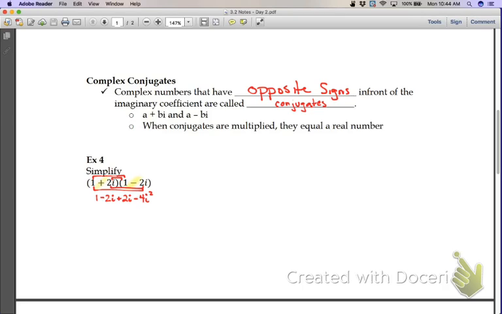Right here in the middle, the negative 2i and the positive 2i are going to cancel and go away. So I'm going to have 1 minus 4i squared. Remember, i squared is just negative 1. So negative 4 times negative 1 is going to be a 4. So 1 plus 4 is 5.